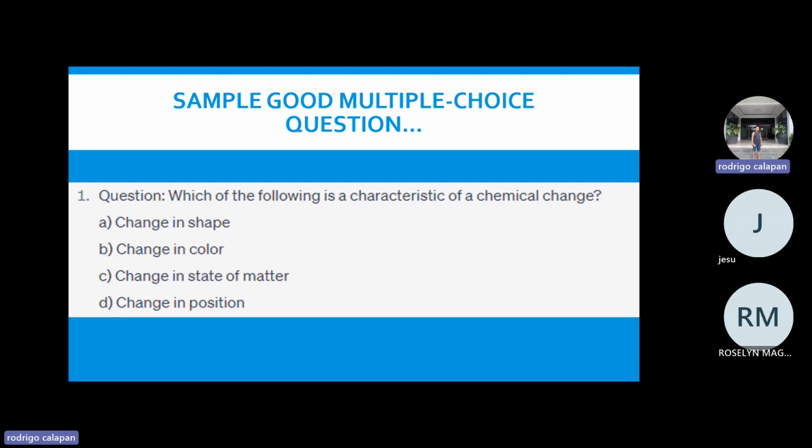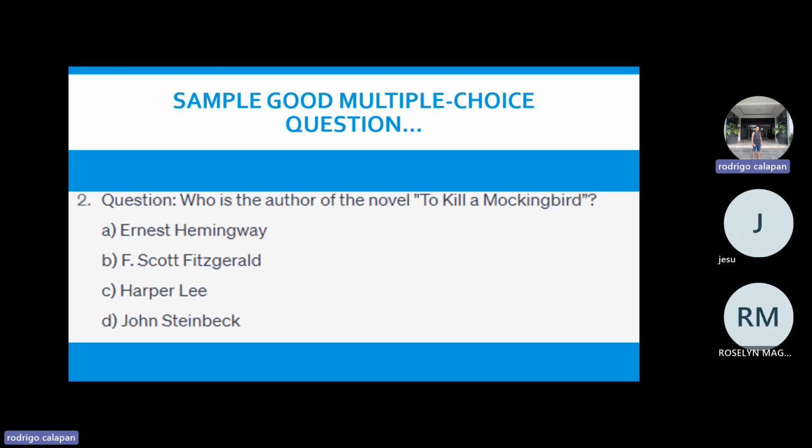And for this question, it is option C. Change in state of matter is the correct answer as it reflects a physical change rather than a chemical change, helping to differentiate between the physical and the chemical change concept.